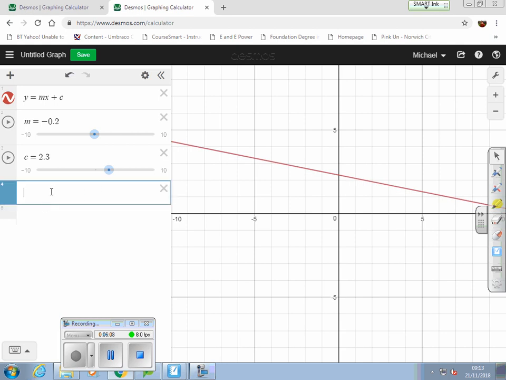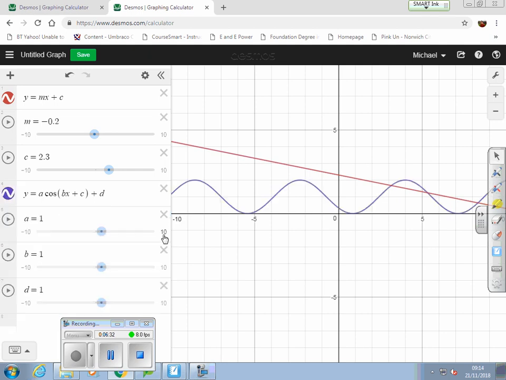If we look at y is equal to a cosine of bx plus c, plus d on the end, that was the function we had. Put a slider in for all of them.